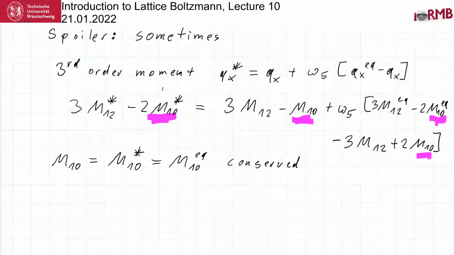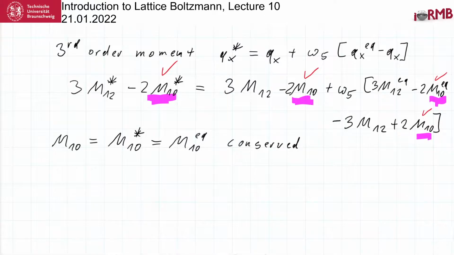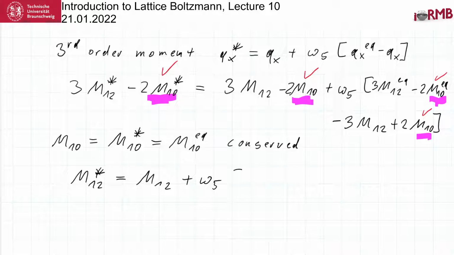And if you replace it everywhere, what you see is that this guy, oh wait, here's a 2 missing. So this guy and this guy cancel out, and this guy and this guy cancel out. Which means in the end, this leads to m12 post-collision is m12 plus omega 5 times m12 equilibrium minus m12.